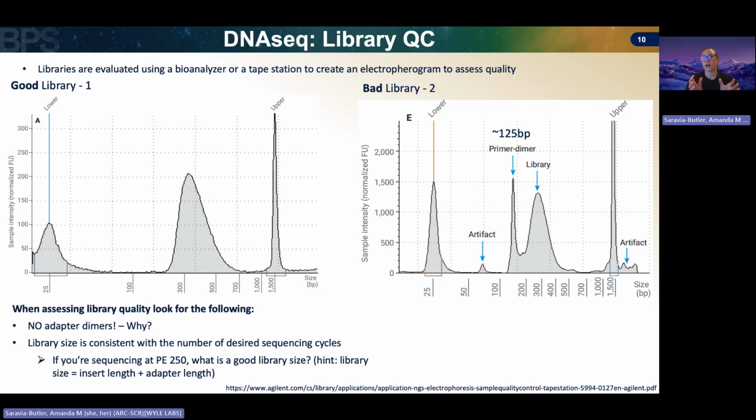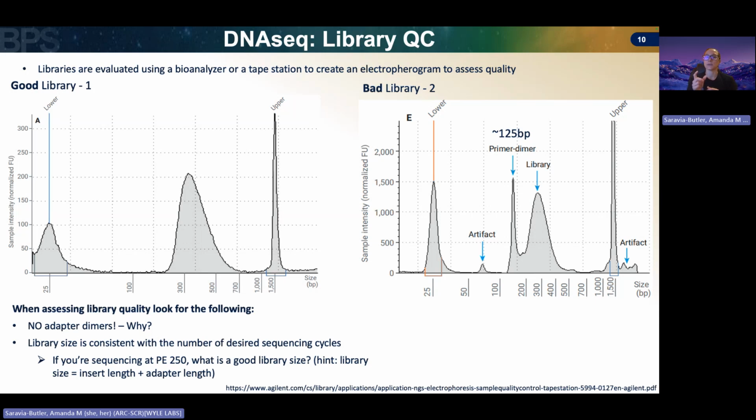So that means they're going to be small. They're not going to contain any of your unknown DNA that you want to sequence, but they are going to contain everything that they need to be sequenced. They're going to have your sequencing primer. They're going to have your P5 and P7 to attach to the flow cell. And because they're smaller than your actual libraries here, the flow cells have a bias towards short pieces of DNA.